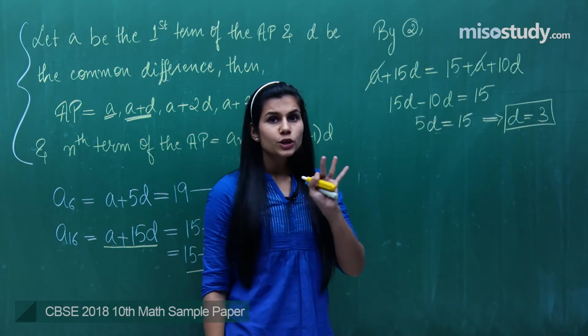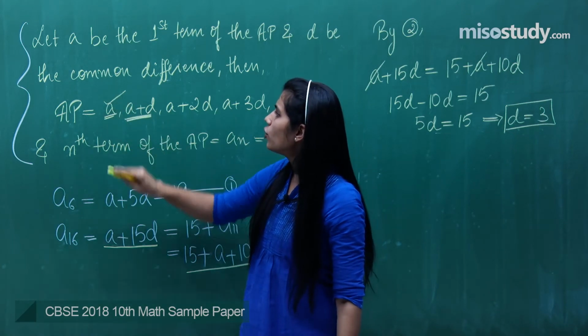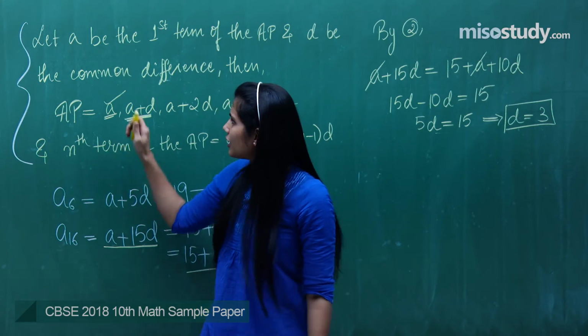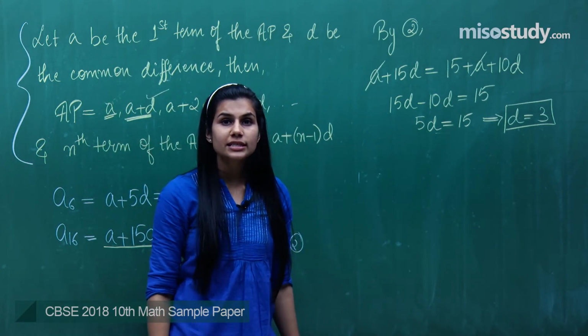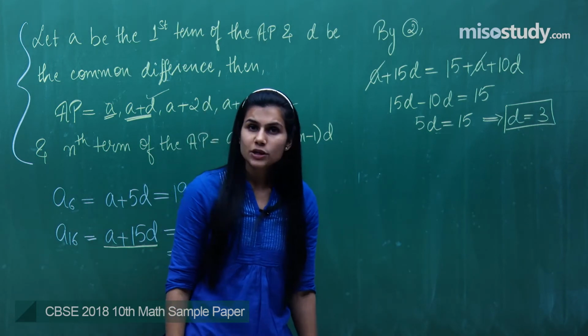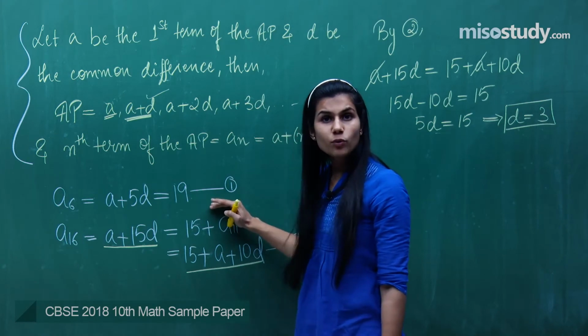That means out of the two unknowns which are required to write the AP, the first unknown, D, you have got, which is 3. Once you have D, can you find out A? Yes, of course, I have equation 1 left.